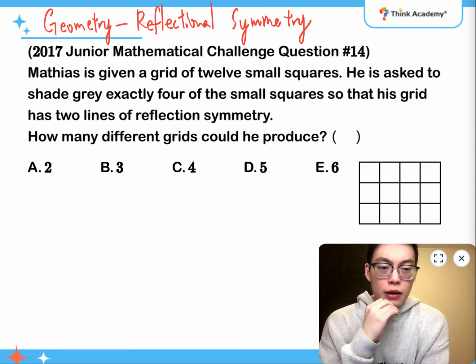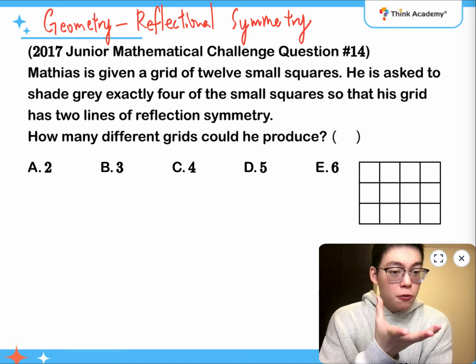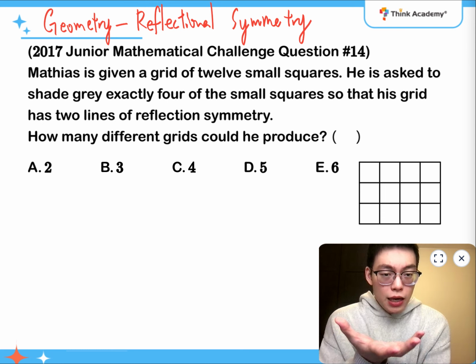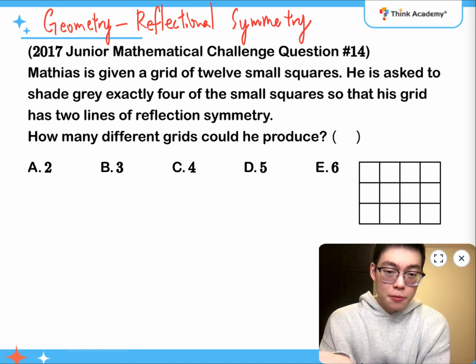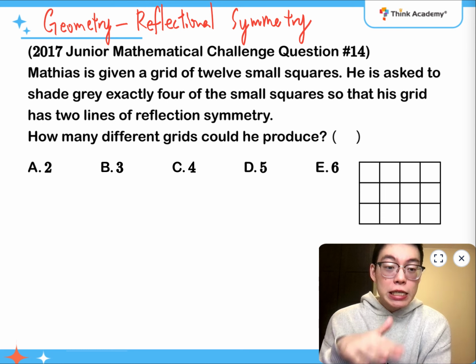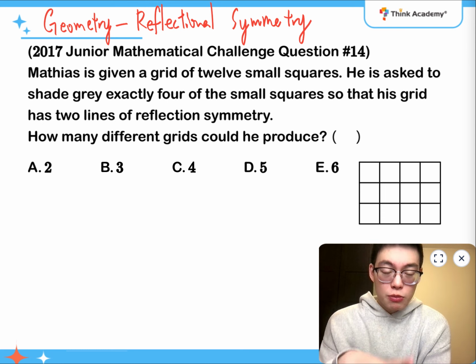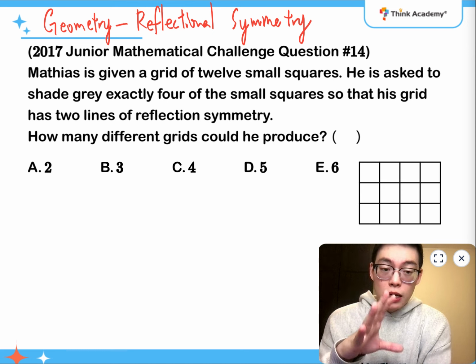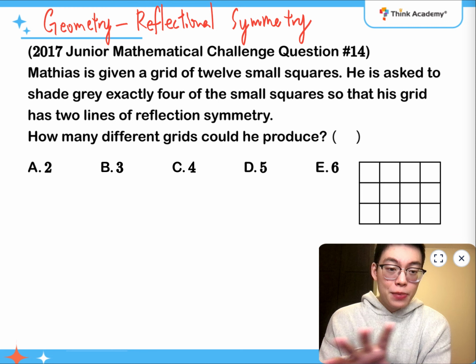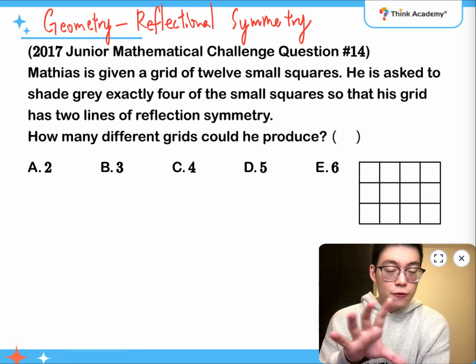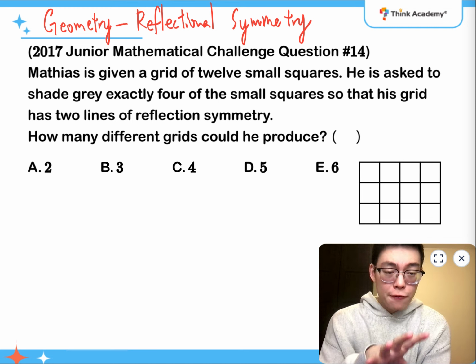But, well, when nothing is filled, it already has 2 lines of reflection and symmetry. And no matter what I try to fill in, it must abide to these 2 lines of reflection or symmetry, because if the shape looks the same, that's the maximum number of reflection or symmetry you can have.